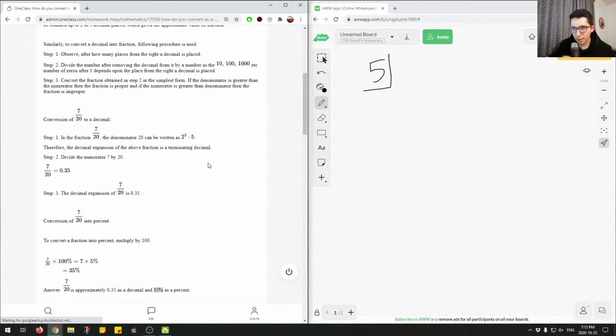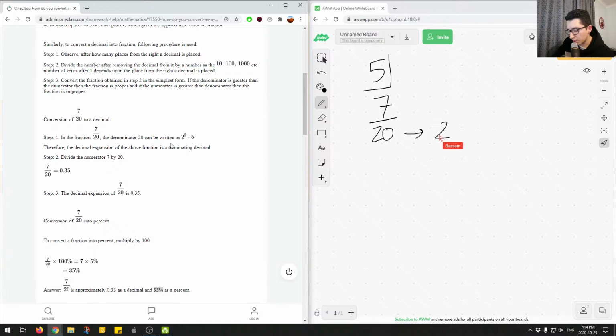So let's look at an example below. 7 over 20 is one of the fractions. You can see the denominator is 20, and it can be written as 2 to the power of 2 times 5. We know that 2 to the power of 2 is 4, and 4 times 5 is 20.